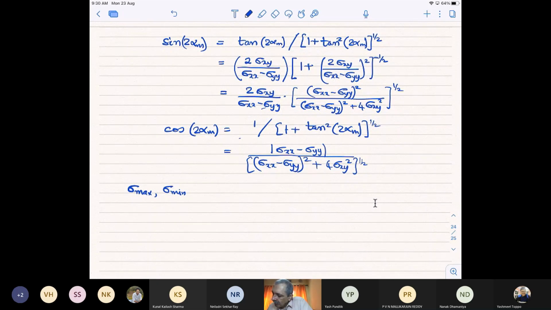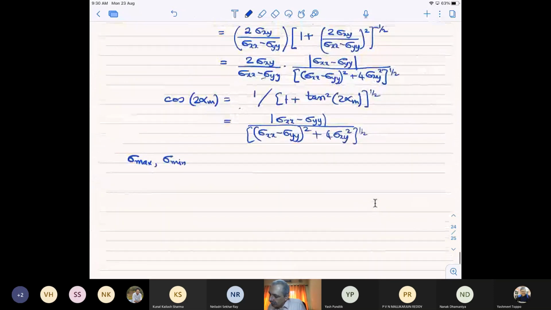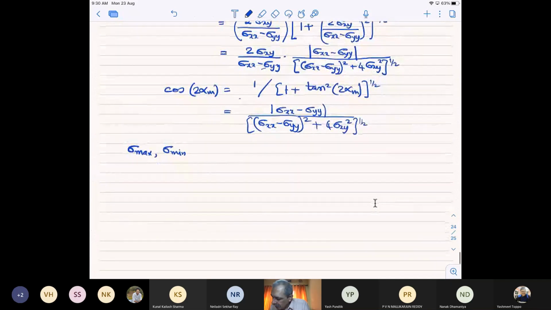I can remove this and simply put this as a square root. So this just becomes an absolute value because it's squared and then square root. If you're taking the positive root of it, it's just this. So that's why you get this.